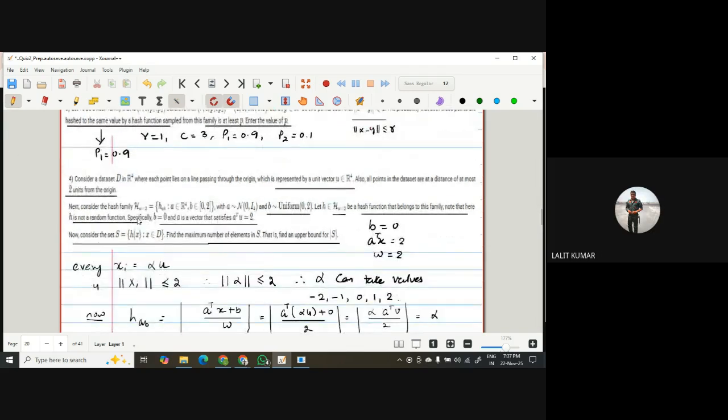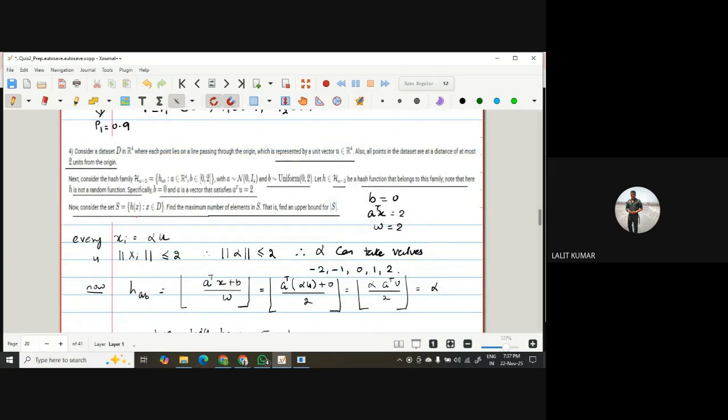Consider a data set in R^4 where each data point lies on a line passing through the origin, which is represented by a unit vector. Also, all points in the data set are at a distance of at most 2 units from the origin. Next, consider the hash family, with W equal to 2, h_{a,b}, the standard definition. B belongs to 0 to W, with A from normal 0 to 1, B uniform from 0 to 2.